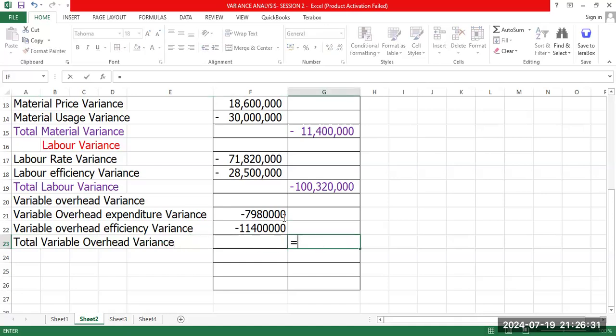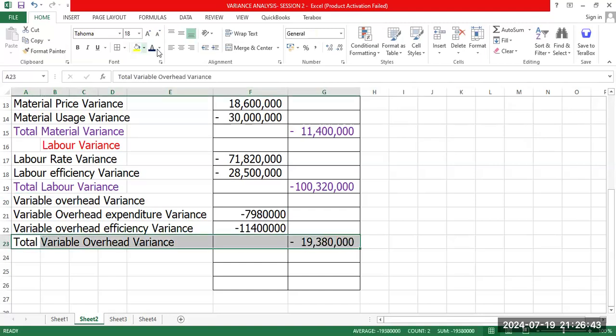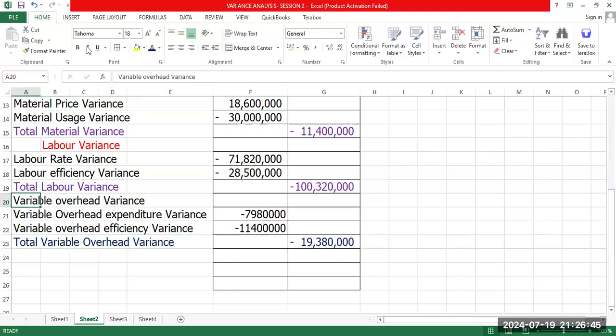You add this plus this. Okay, that is our variance.